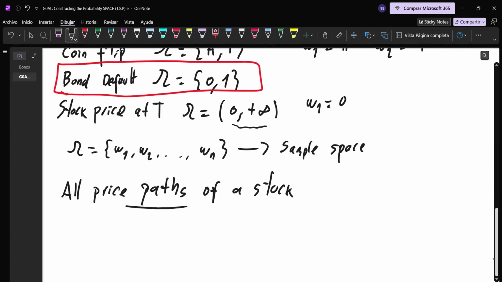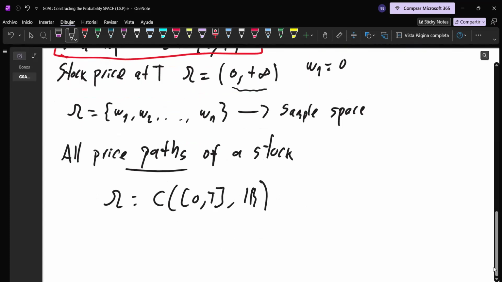What is the omega? The events. Well, in this question, omega is the set of paths. This is some function, and this is the ball problem. This example illustrates why this construction must be careful.